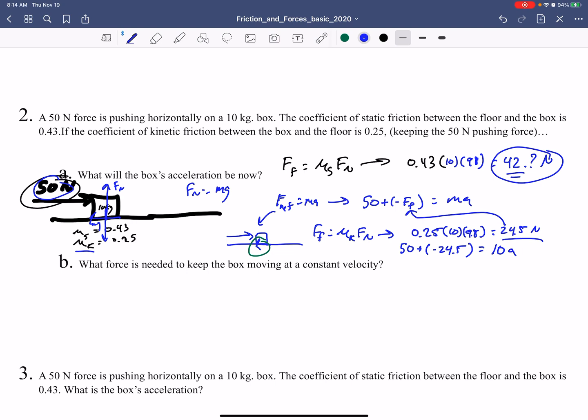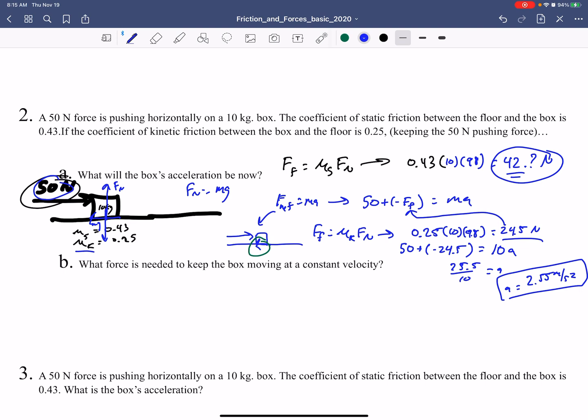So 50 minus 24.5, that's going to be 25.5. So 25.5 divided by 10 equals a. So a is 2.55 meters per second squared. All right, so that will be the acceleration of the box.